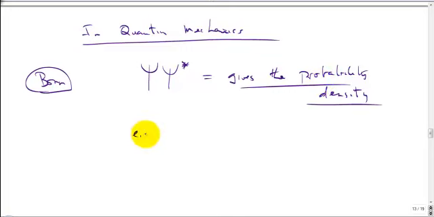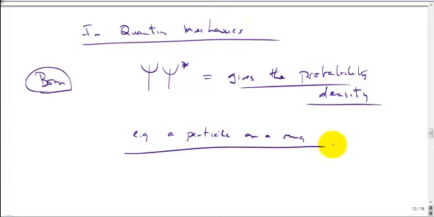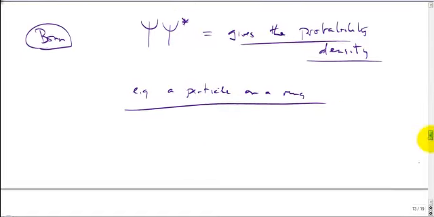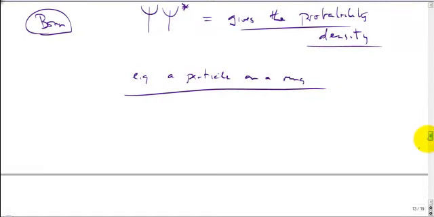So if we take a very simple example, what they call a particle on a ring, and you may have covered this in last year's lectures in quantum mechanics, it's a very simple two-dimensional representation.